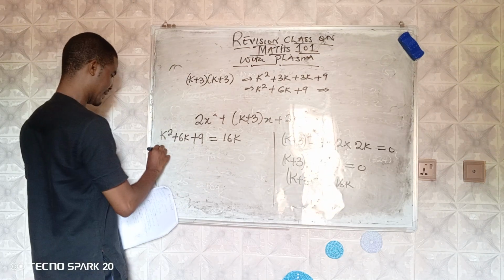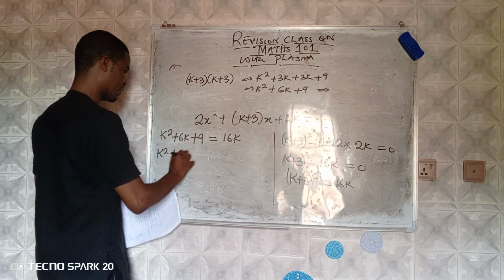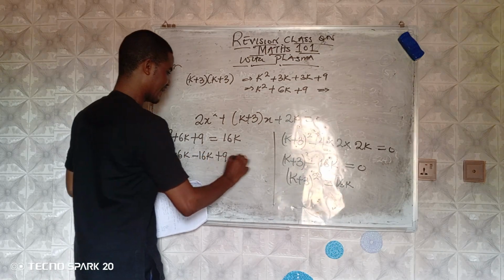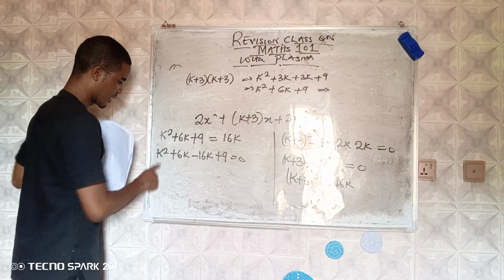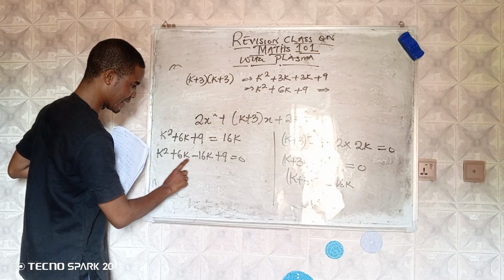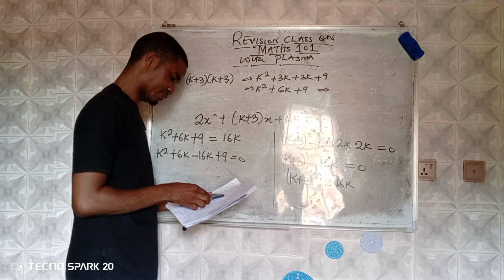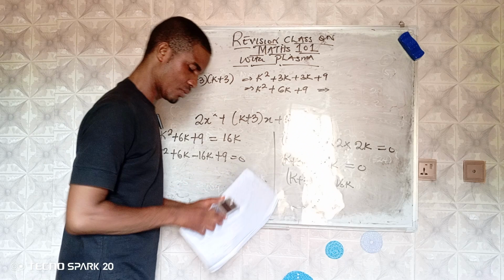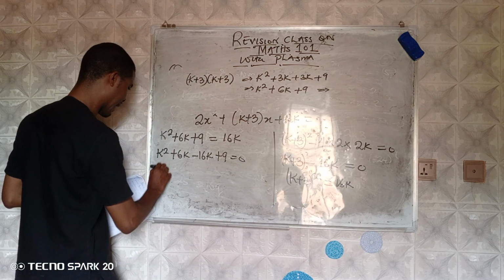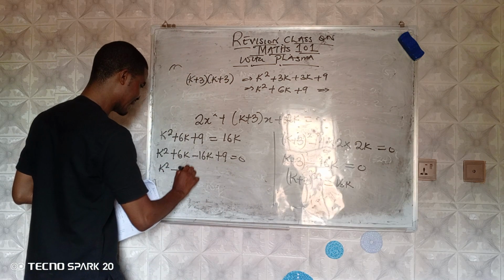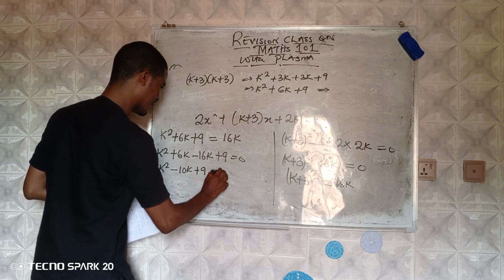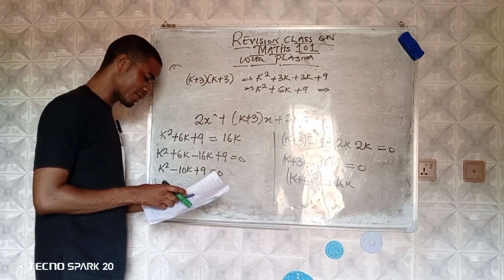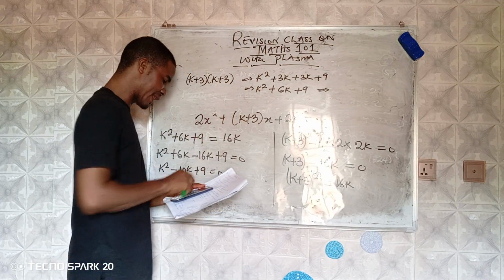I can bring this back: k squared plus 6k minus 16k plus 9 equals 0. 6 minus 16 gives minus 10k. So I have k squared minus 10k plus 9 equals 0. If I factorize this, I'm going to get the values of k which will satisfy that condition.